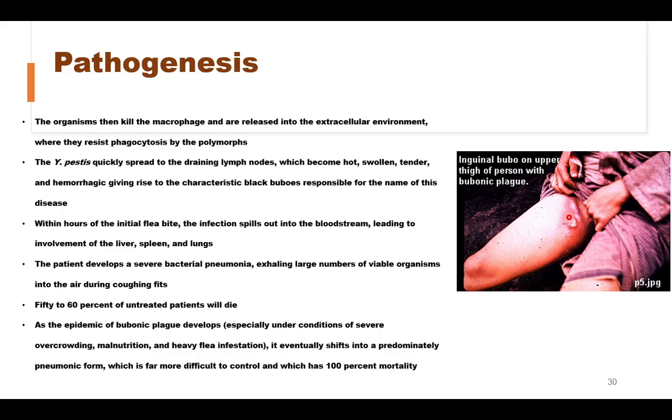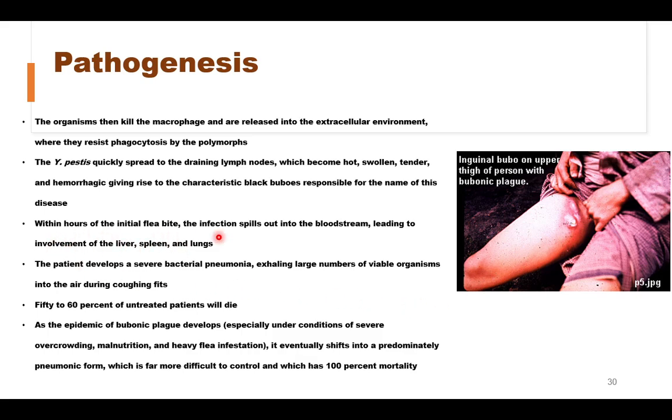You can see that it is hyperemic. That shows you that there is intense inflammation. It's painful, and if you can feel this lymph node, it's going to be fluctuant because you have purulent collection in the lymph node. So this is what we refer to as a bubo.